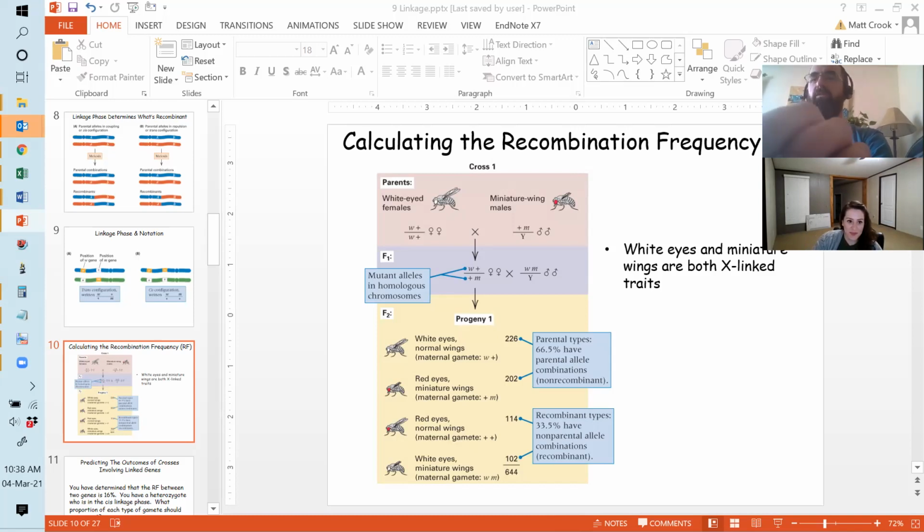Right, so recombination frequency. The way you figure it out is the number of recombinants over total offspring, times 100.